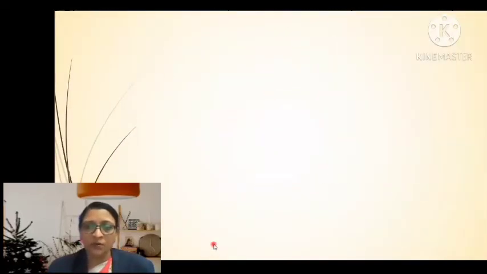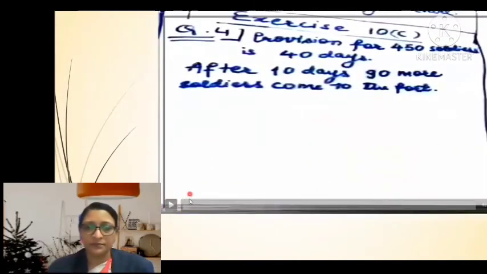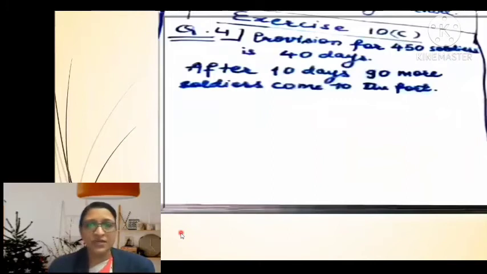So here we go with the next example. Question number 4 from exercise 10C. A fort had provision for 450 soldiers for 40 days. After 10 days, 90 more soldiers come to the fort.